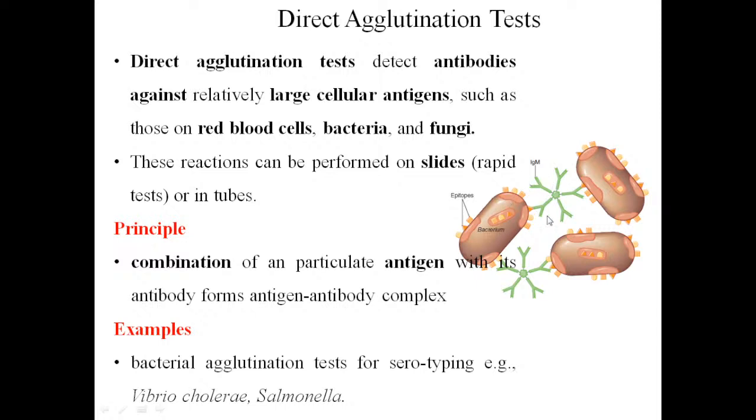These are antibodies, IgM for example, that bind to antigen. And this complex is called agglutinate. We may use direct agglutination test, for example, in serotyping of Vibrio cholerae or in serotyping of Salmonella.